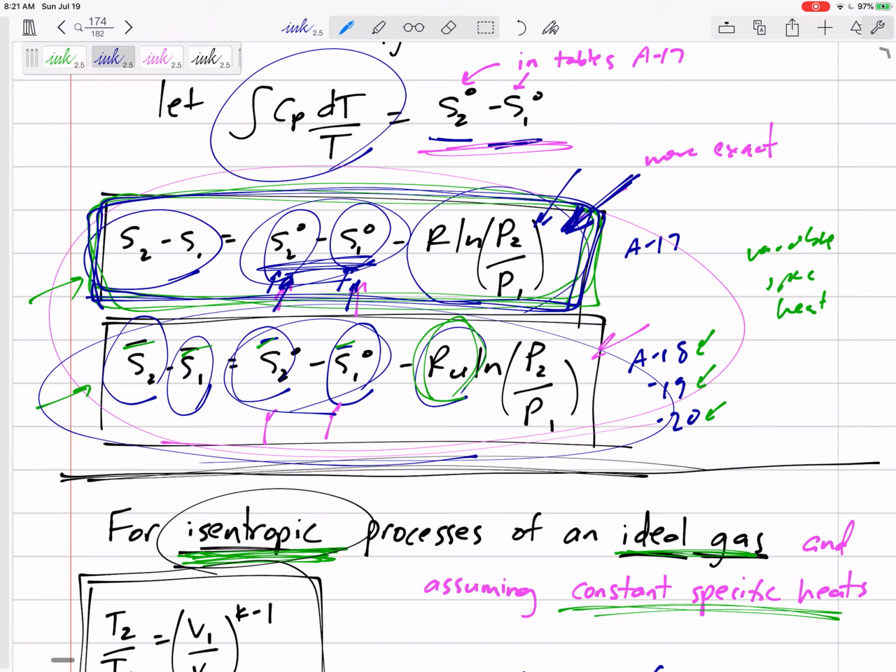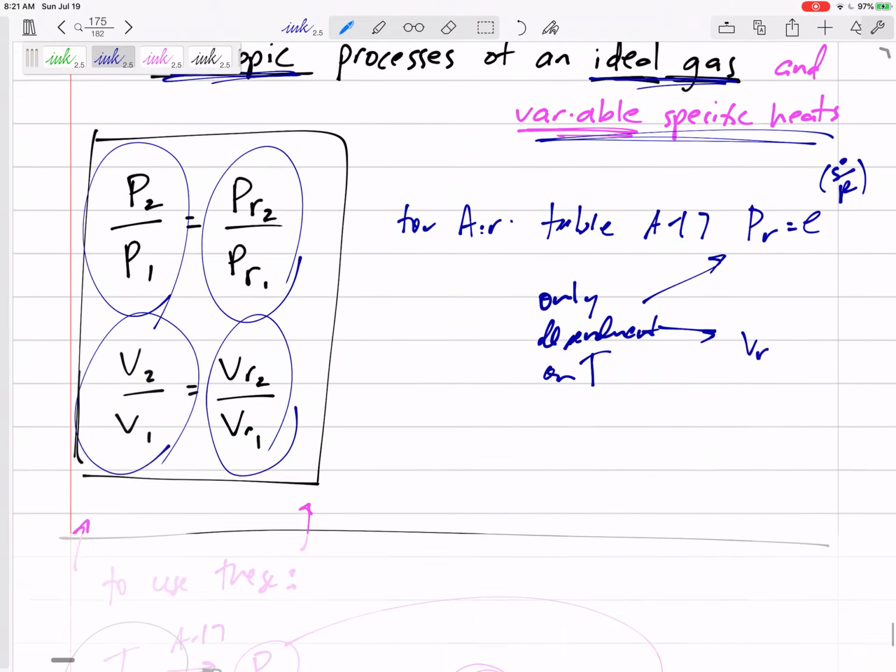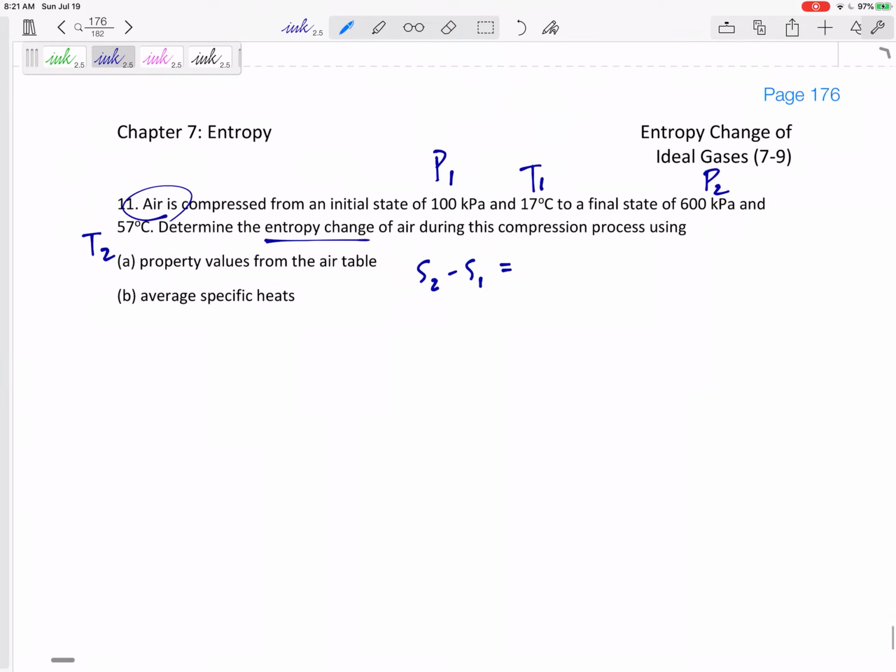So I'm going to find the entropy change that way for part A. That equation right there, S2 minus S1, equals S2 naught minus S1 naught minus R ln P2 over P1.